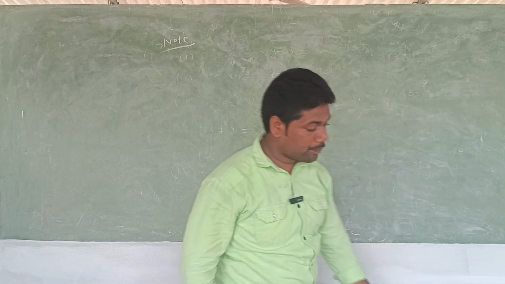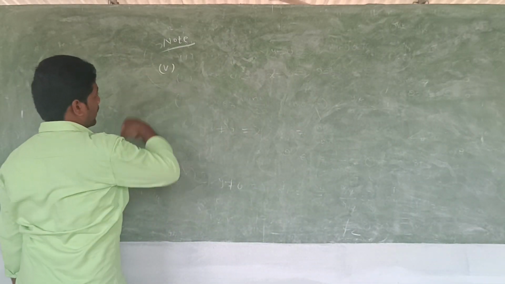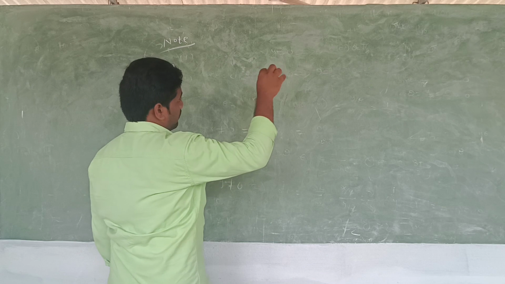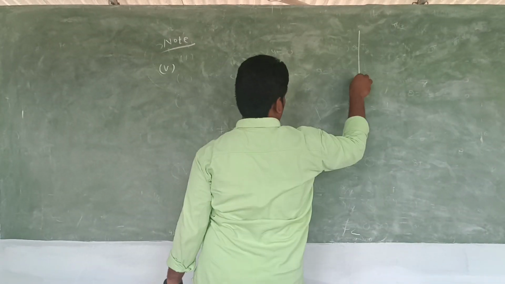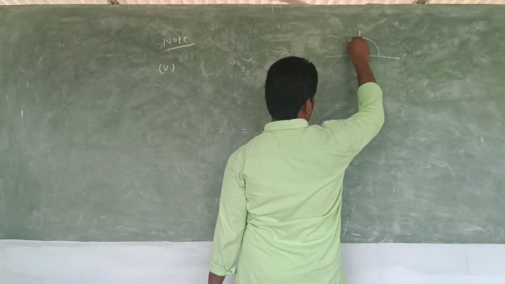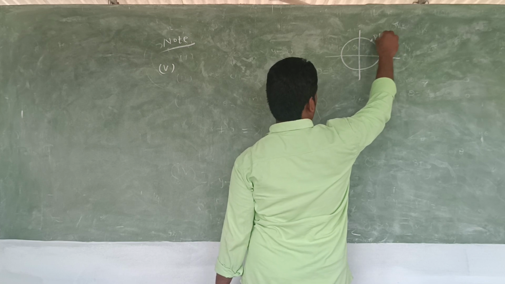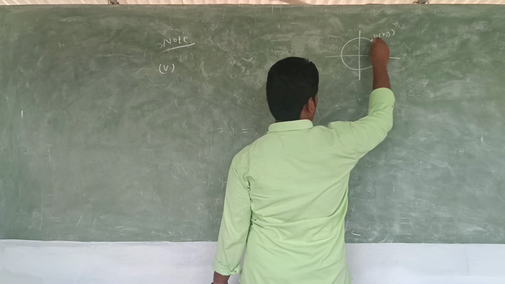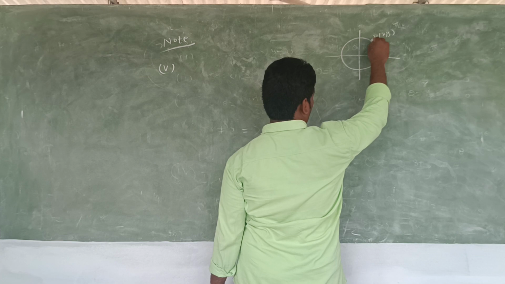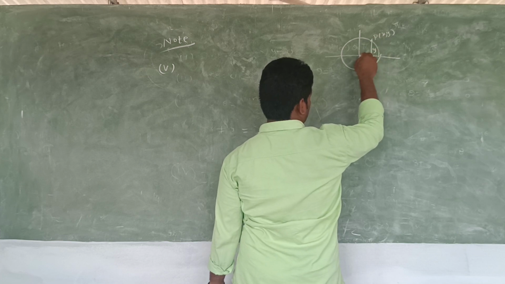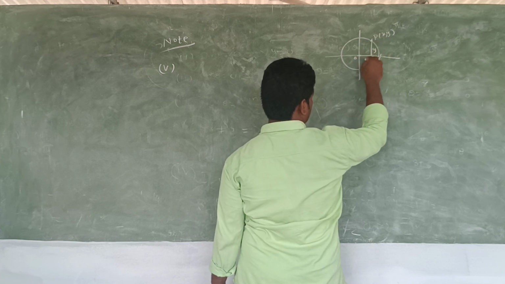Now the fifth note, this is the fifth one. In this one I am taking the rectangular coordinate system. This is the point P(x, y). The distance from the point to the x-axis is y. The distance from the origin to this point is x.